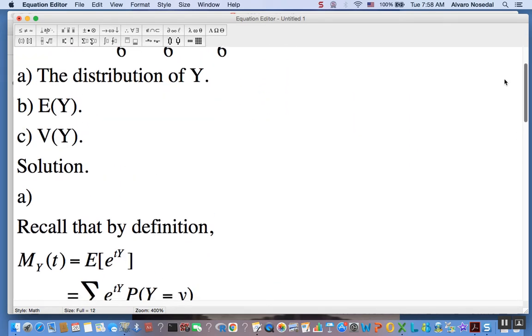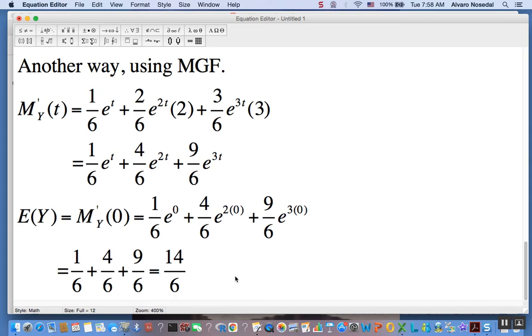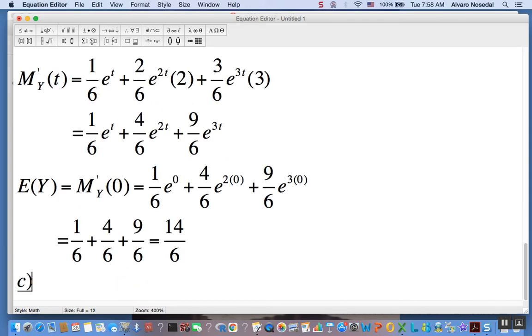Now let's find the variance. So at this point, we know that if we want to find the variance of a random variable, we have a few options. We could use the definition of variance, which is the expected value of Y minus mu, the whole thing, the difference Y minus mu squared, right?